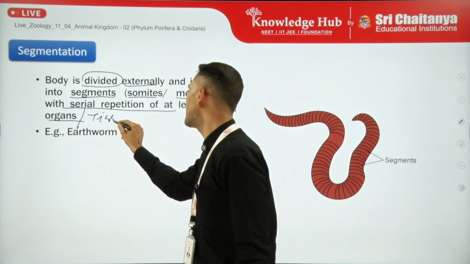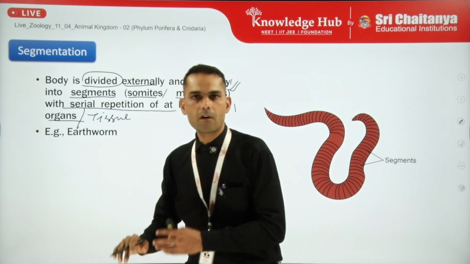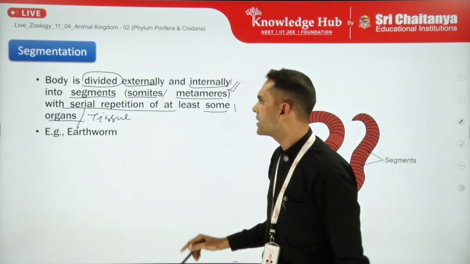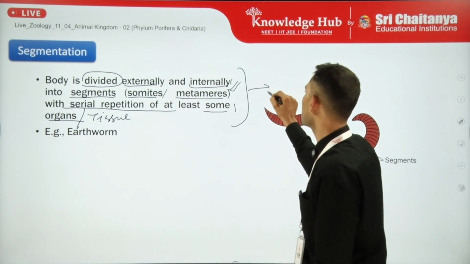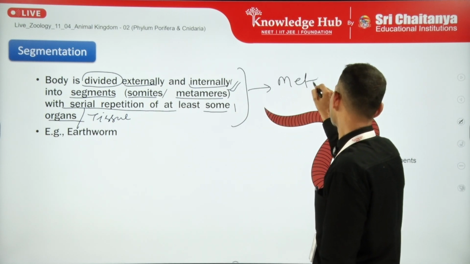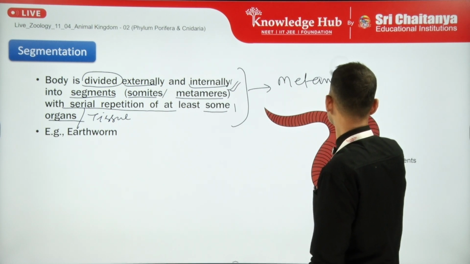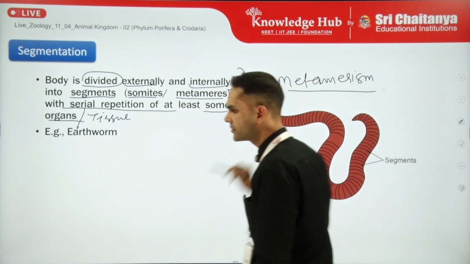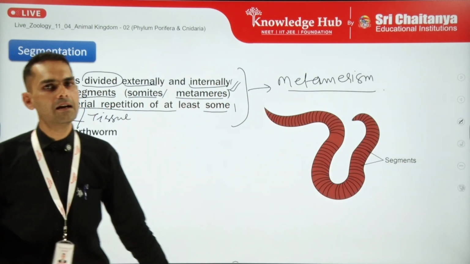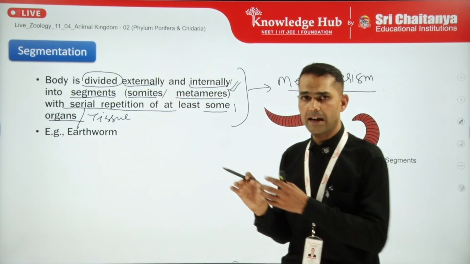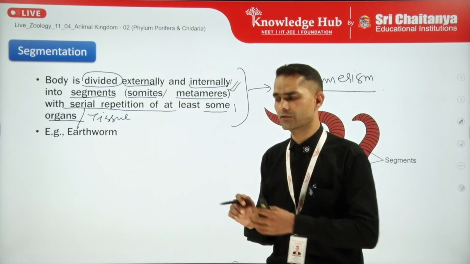Now there must be a serial repetition. So if all these conditions are fulfilled, then such a kind of segmentation will be called metamerism. Only when all the conditions are fulfilled, as has been explained in the NCERT also.